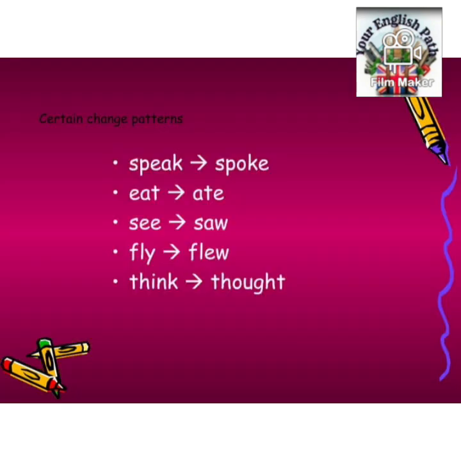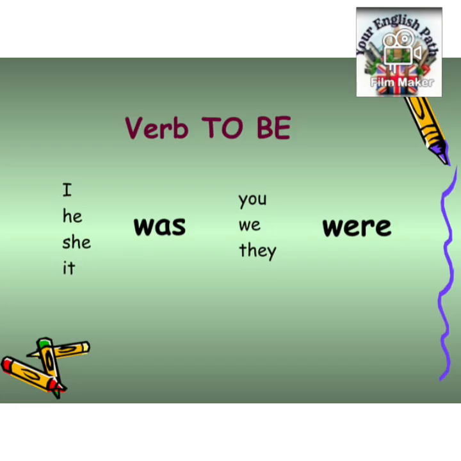For example, speak, spoke, eat, ate, see, saw, fly, flew, think, thought. For example, the verb to be is irregular. We say نقول I was, he was, she was, it was, you were, we were, and they were.